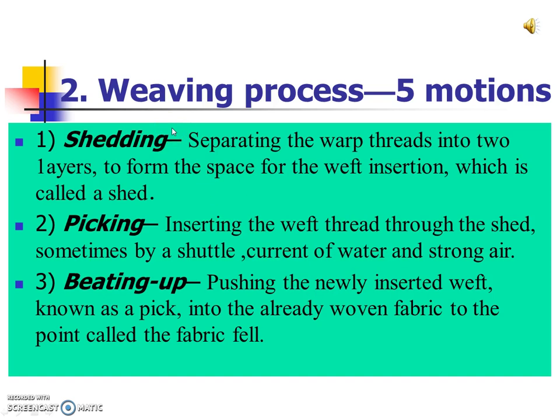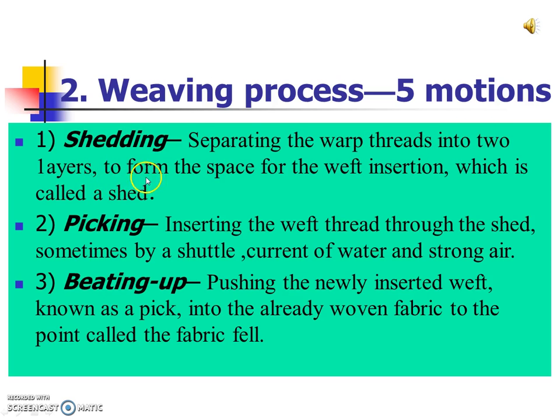The weaving process consists of 5 basic motions, out of which 3 are the basic or primary motions and 2 are the secondary motions. Here the first primary motion is shedding. Shedding is nothing but the separation of the warp yarns into 2 layers.